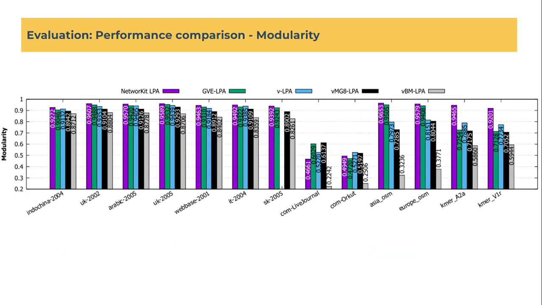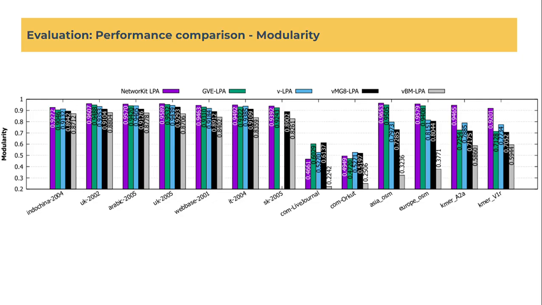Next, coming to modularity, the modularity of communities obtained by νMG8-LPA is good, particularly on web graphs and social network graphs, but is lower on road networks and protein k-mer graphs.